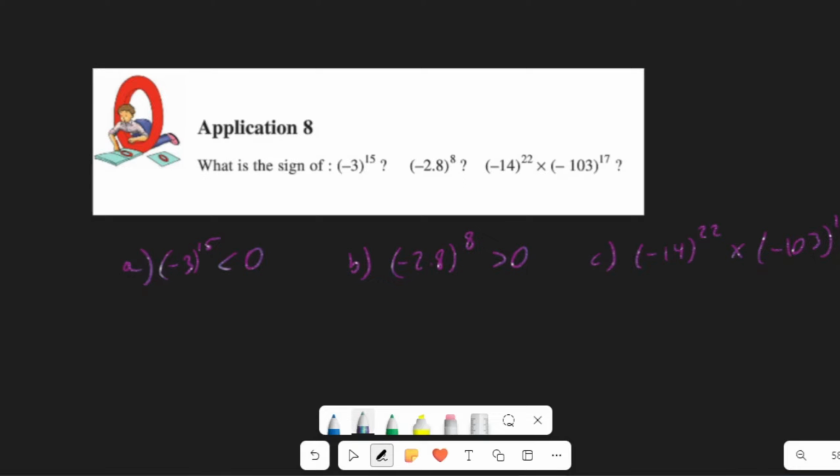Therefore, this is going to be greater than 0. And the other side, we have negative 103 to the power of 17. Negative 103 is less than 0. So we look at the exponent, and 17 is an odd number. Therefore, it's going to be less than 0. So, due to one side being negative and one side being positive, once you multiply them together, the final result will be less than 0.